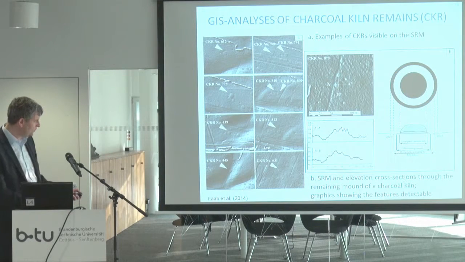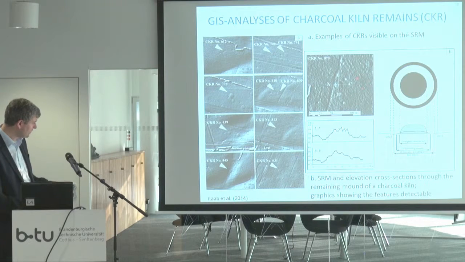So from a top view, you find these ditches as circular structures and a little mound in the center. Taking now these high-resolution ALS data, so airborne laser scanning, these are then produced as so-called shaded relief maps, SRM. With this high-resolution data, you can analyze this structure. So you see this circular structure here, yeah?